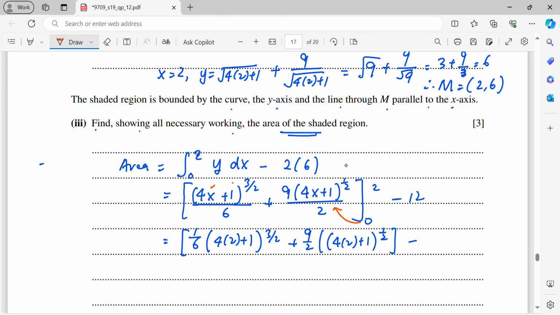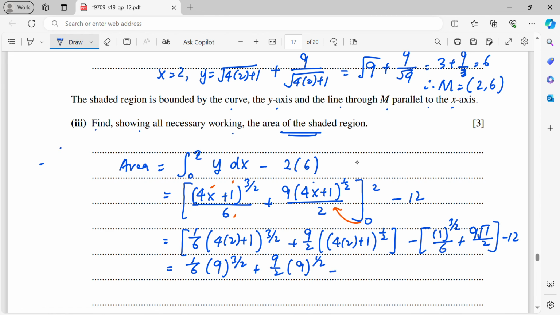So when x is 0, that means left 1 over 6 times 1 to the power of 3 over 2, then plus 9 over 2 times 1 to the power of half, then after that minus 12. Then here is going to be 1 over 6 times 9 to the power of 3 over 2, plus 9 over 2 times square root of 9, since 4 times 2 plus 1 is 9. Then minus 1 over 6 minus 9 over 2, because this is a square root.